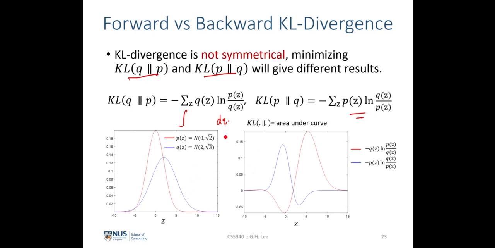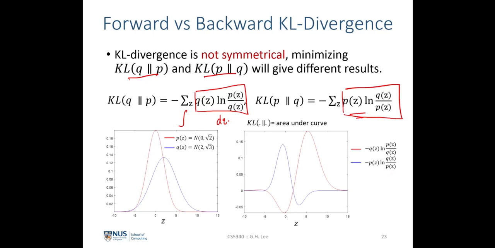We'll plot a computation of these two terms, where the red curve represents the expression q log of p divided by q, and for the blue curve it's the other way around, where we plot the negative of p log of q divided by p.